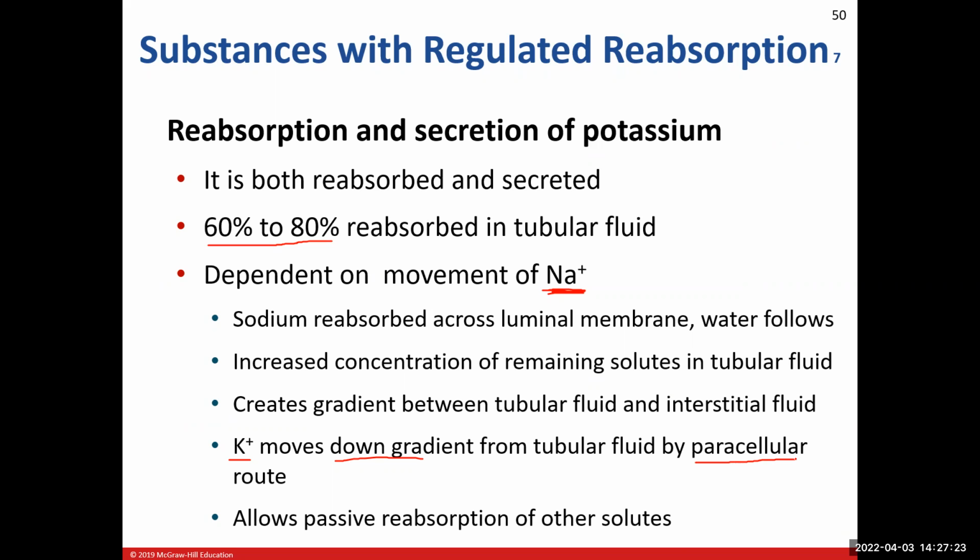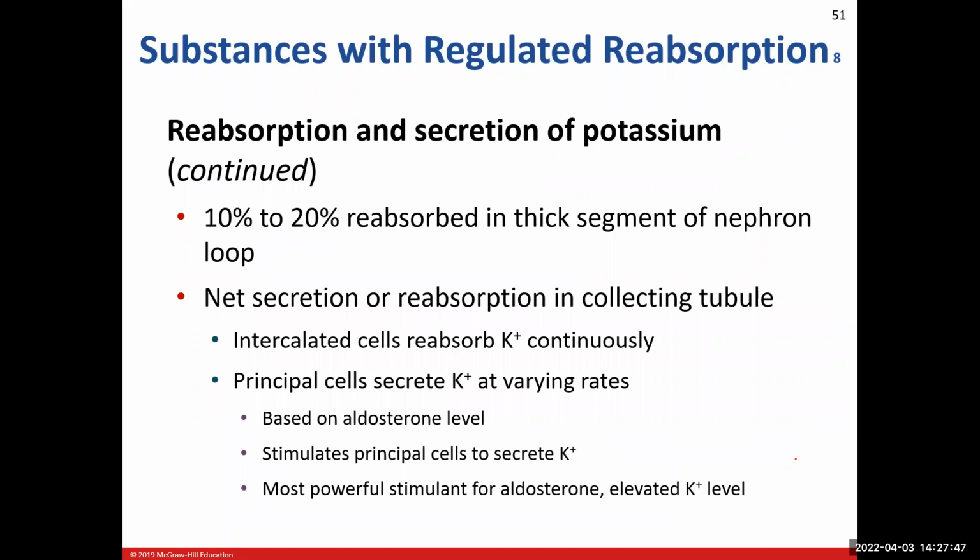So we saw that there's two ways that substances can move from the lumen of the nephron into the bloodstream. It can either go the paracellular route, which is in between the cells, or the transcellular route, which we've just been talking about the majority here of, where it just moves across the plasma membranes of the cell. And so in this case, we'll see potassium moving the paracellular route.